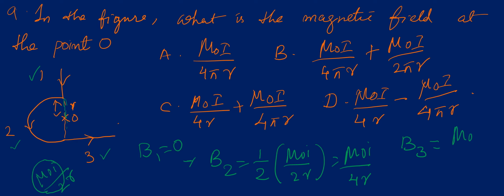And due to the third portion, B3 is equal to mu 0 I divided by 4 pi R, because only half the portion of the conductor is there.